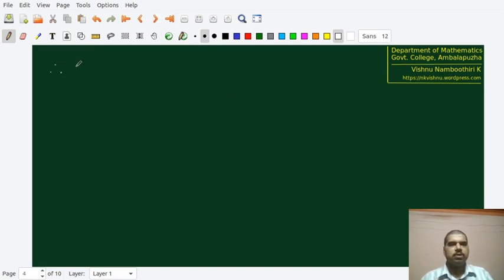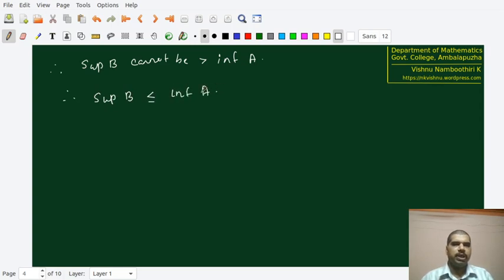Therefore, the supremum of B cannot be greater than infimum of A. Therefore, supremum of B must be less than or equal to infimum of A.